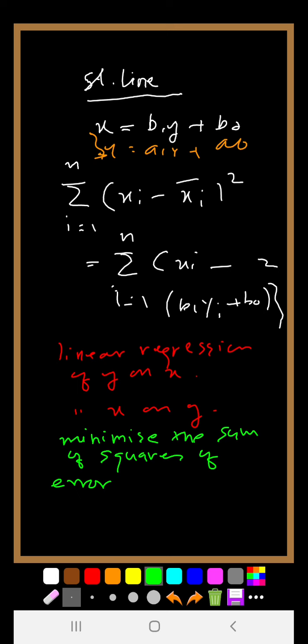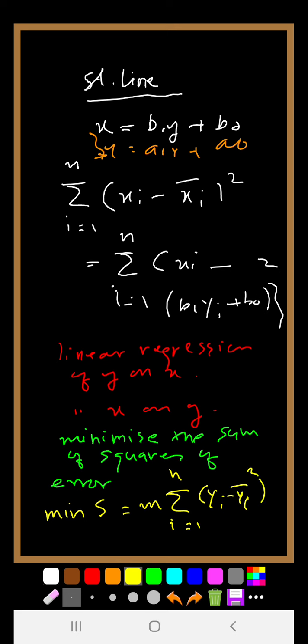It is given as minimum of S, that is minimum of summation i = 1 to n of (yi - yi bar) whole square, which is equal to minimum of summation of (yi - (a1 xi + a0)) whole square.